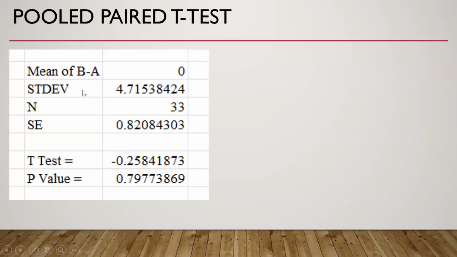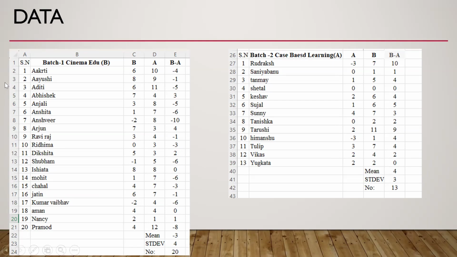We also calculate the pooled differences combining both the sequences, and then we calculate the paired t-test. For this data, the paired t-test is insignificant. It means that there is no difference between the two treatments, that is the cinema education and case-based learning.